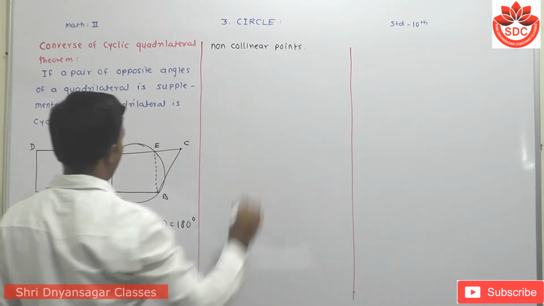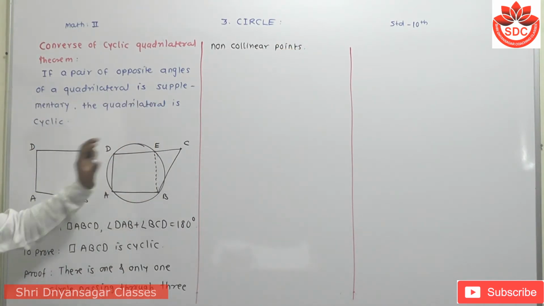So I have to draw here one circle which is passing through three non-collinear points.